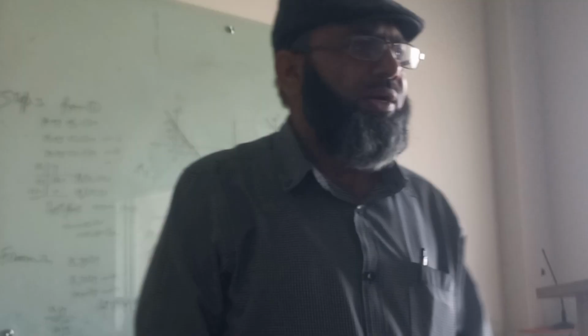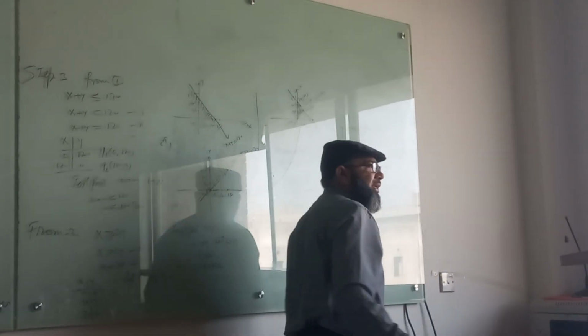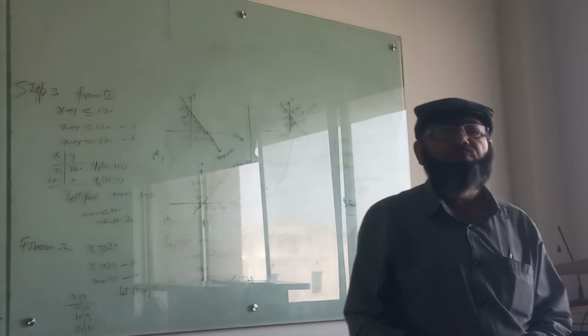Student would be 80 and non-student 40. But the answer is this. So the best option is this combination, 80 students and 40 non-students. Okay, thank you very much.